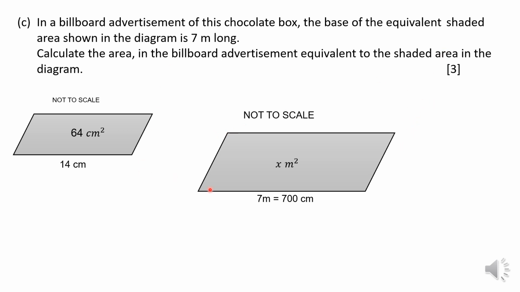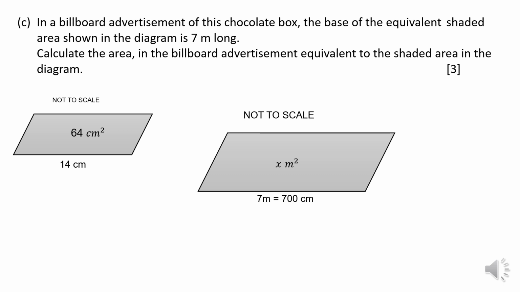The base area on the billboard is 7 meters long, which is actually 700 centimeters if you convert. We know the area of the model is 64 square centimeters. So we need to find the area of the advert on the billboard.